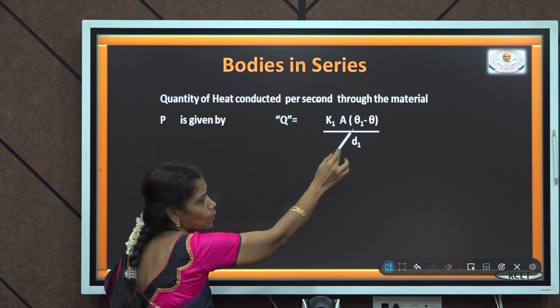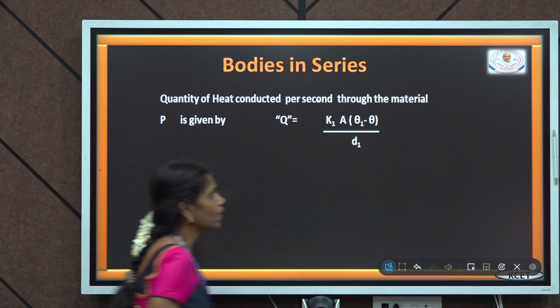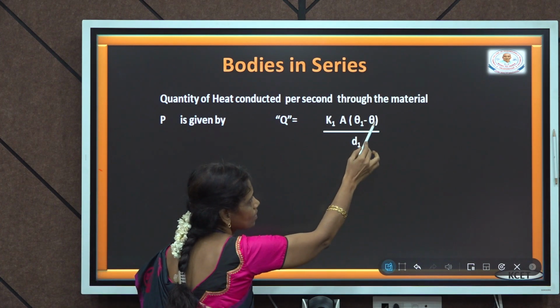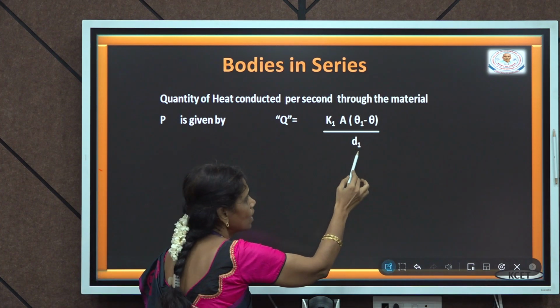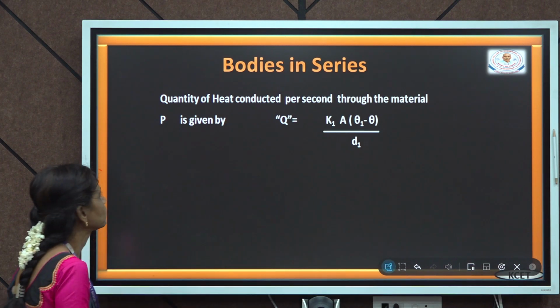Theta 1 is the temperature of the hot end and for the material P, theta is the cold end. So, theta 1 minus theta divided by D1, where D1 is the thickness of the first material P.